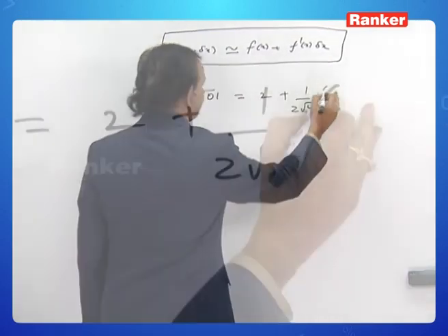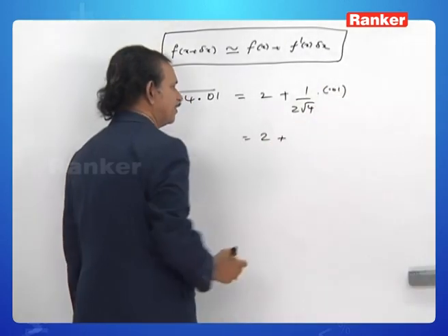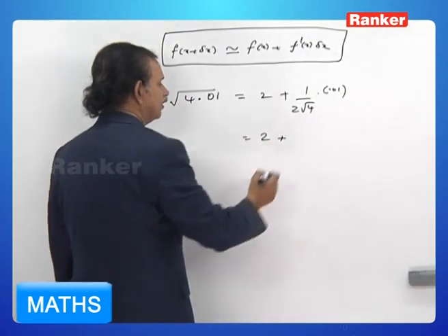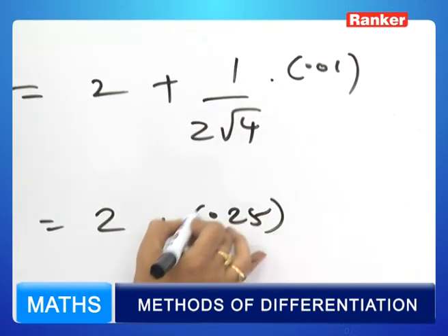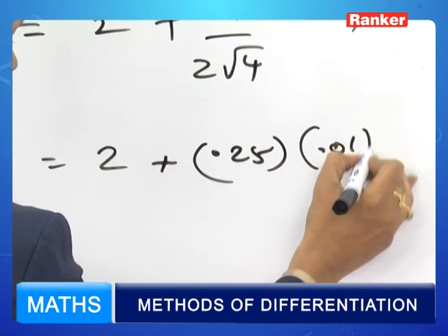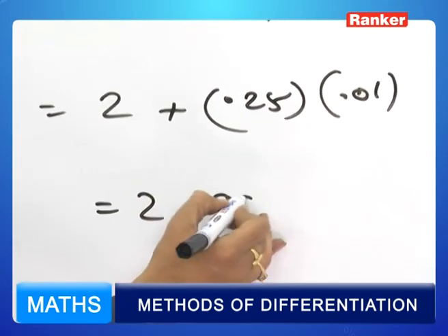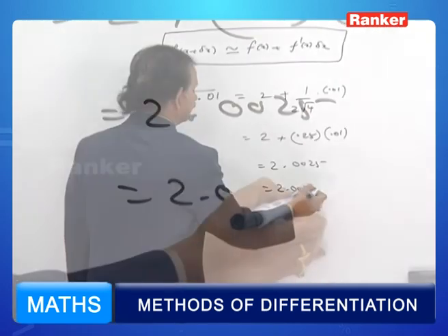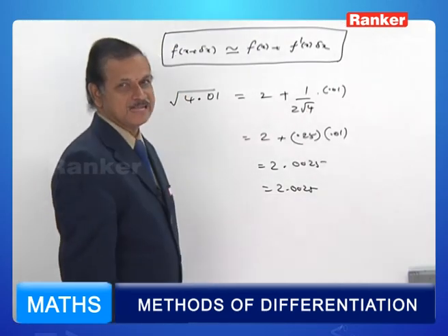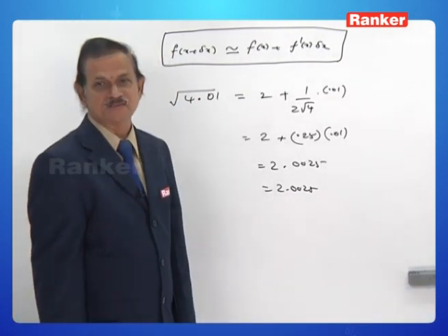What is delta x? 0.01. So it is 2 plus, root 4 is 2. 2 2s are 4. So 1 by 4 is 0.25. 0.25 into 0.01. It is 2.0025. It's not impossible to get the answer on this part. It is a beautiful application of the derivatives, isn't it?